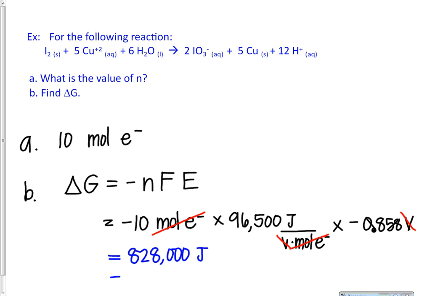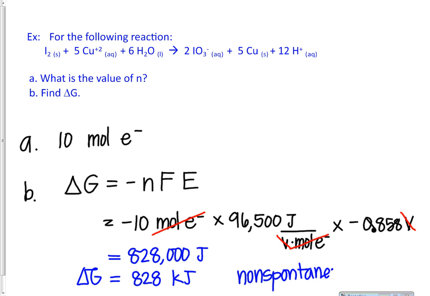But if you'd rather report that in kilojoules, which is usually how it's done, you'd get 828 kilojoules. Now, that's delta G. Since delta G is positive, this reaction was non-spontaneous. And we also knew that because the E value was negative. So hopefully now you know how to use this equation to relate delta G to E.